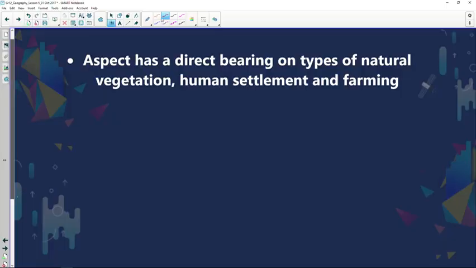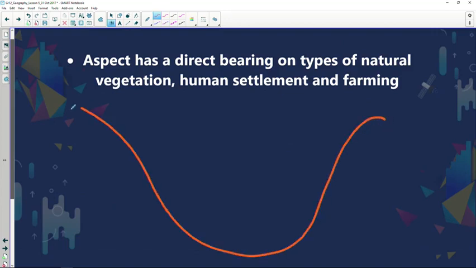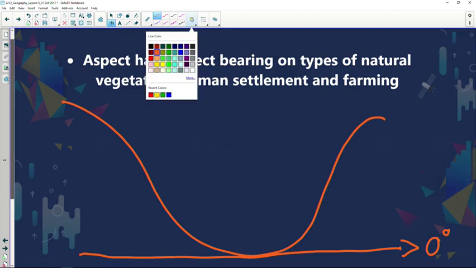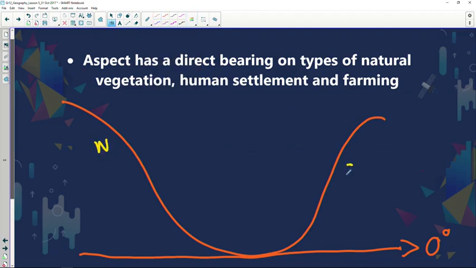Now, I've already discussed with you the importance of aspect on natural vegetation and human settlement. I'm going to redraw my valley over here. Bear in mind, we are in the southern hemisphere, so if I move in that direction, I'm moving to the equatorial regions. There's our north-facing slope, there's our south-facing slope.